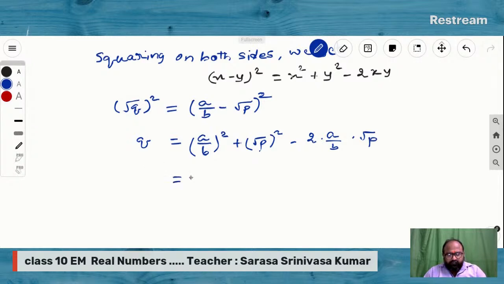So this is equal to a square by b square plus p minus 2 multiplied by a by b multiplied by square root of p. So on the left hand side we have q. Now multiplying both sides by b square.